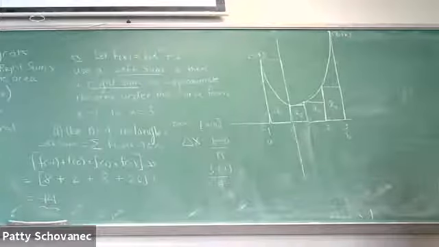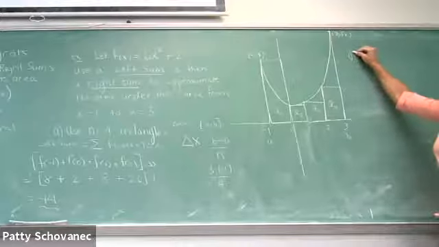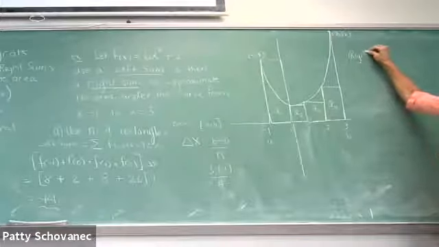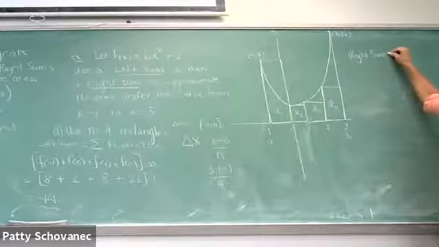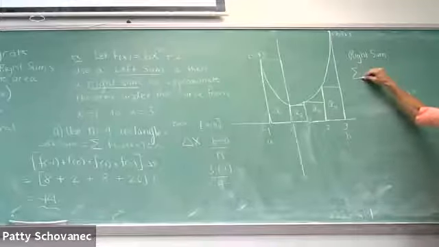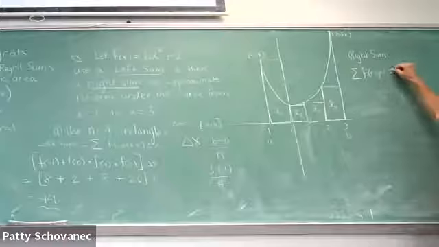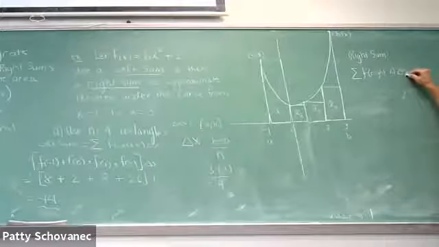Okay, so now let's make a right sum. I think I can fit it right here. So I got to add up the value of f at each of the right x's for each rectangle times the delta x.